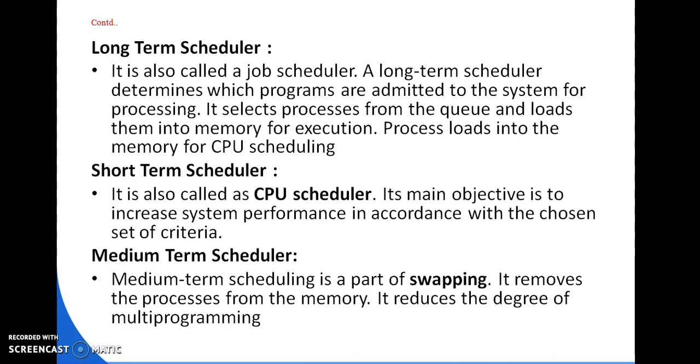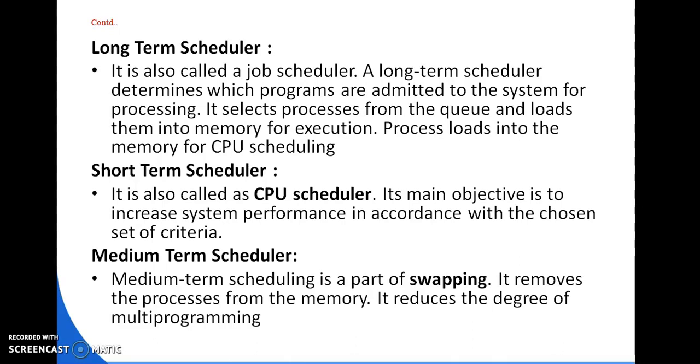It means the number of processes entering the computer system. If the degree of multiprogramming is stable, then the average rate of process creation must be equal to the average departure rate of processes leaving the system.